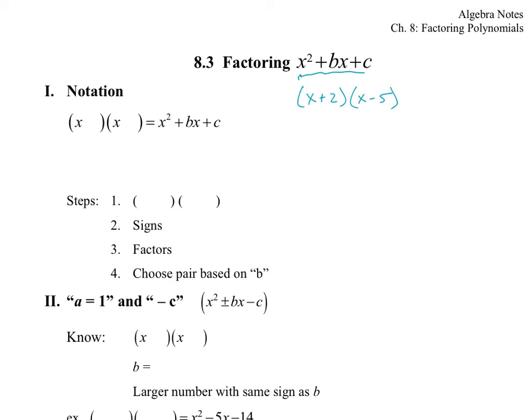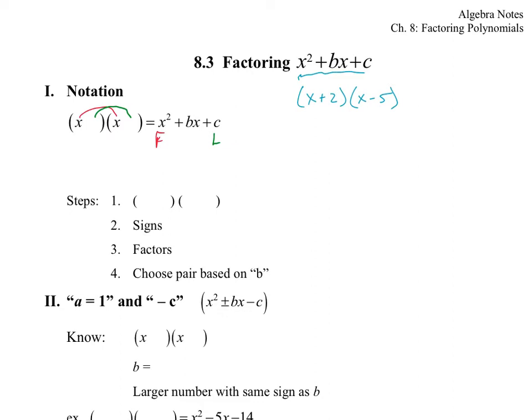Well, one way to do it is to FOIL, or to look at it as though you're FOILing. When we FOILed, this x squared always came from multiplying the first times the first. So we do x times x, and that would give us the x squared. Then the c on the end always came from the L: the number that was there times the number that was there gives us the constant at the end.